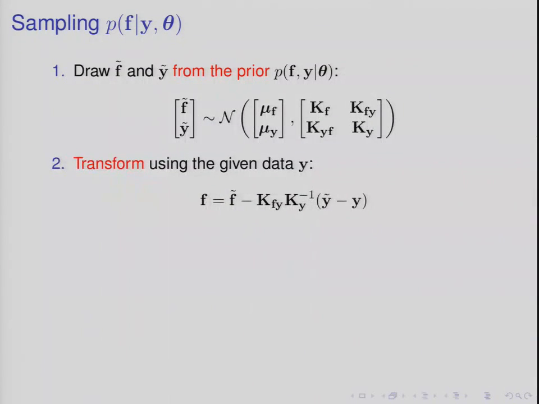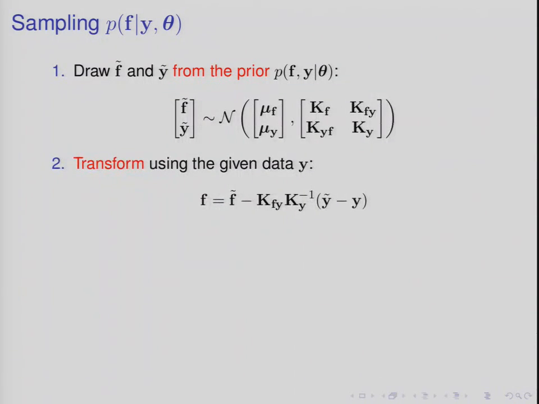So in a bit more detail, we first draw samples from the generative process, the function values and the data, and then we use that transformation given the data and given these f tilde and y tilde samples from the prior. And if you compute the mean and the covariance of that transformation, you see that it has the correct moments.